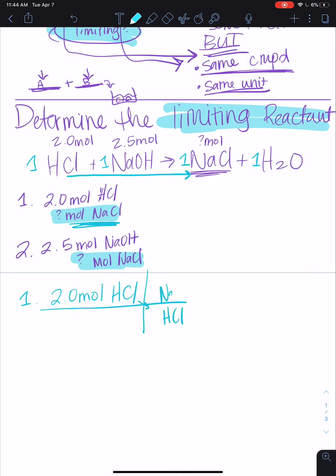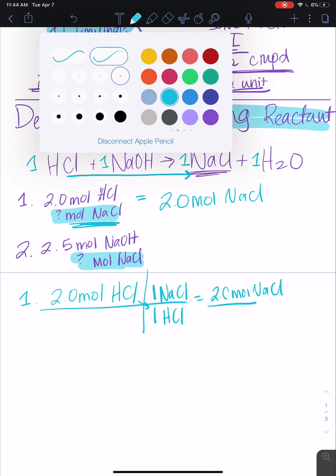This is just a mole to mole conversion. I use the coefficients and I get 2.0 moles of NaCl out.